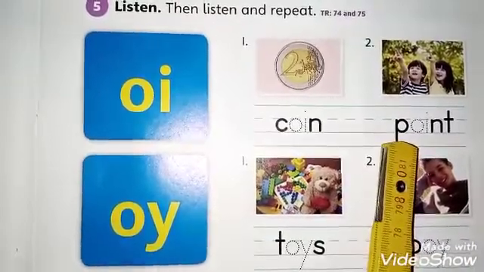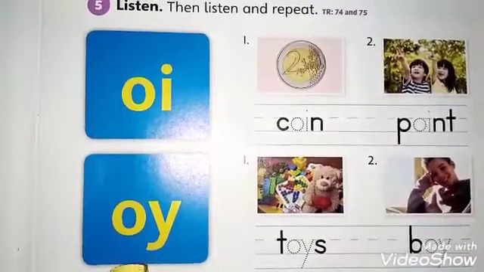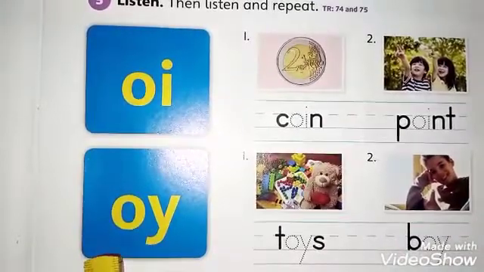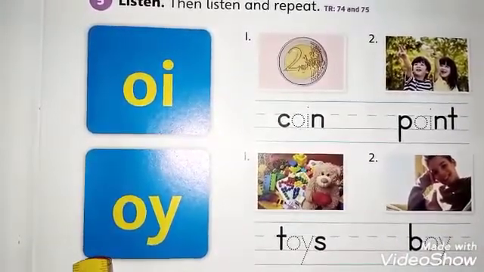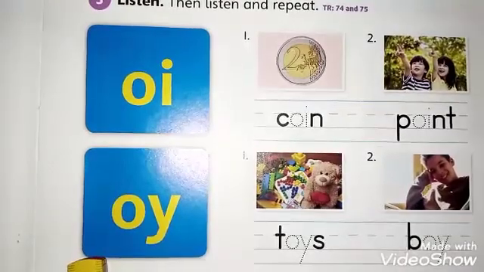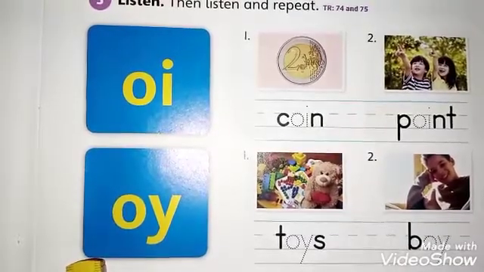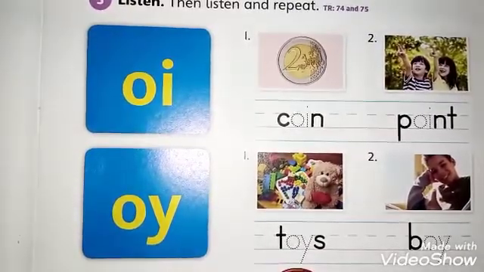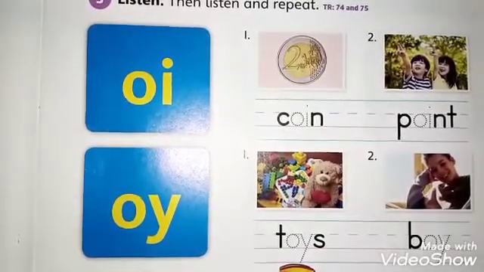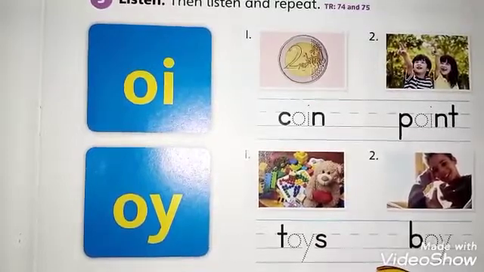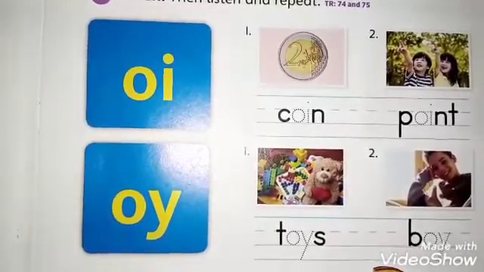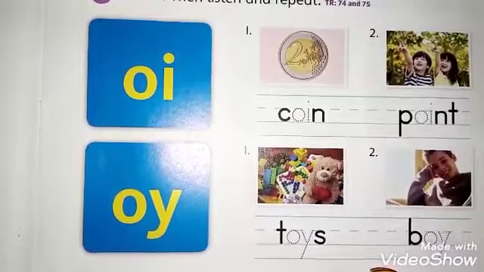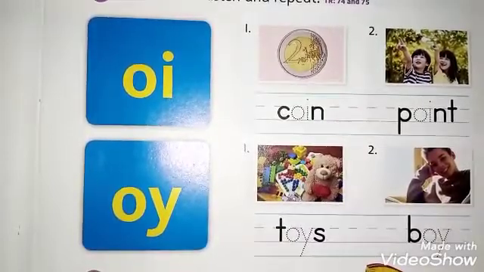Point. O-Y. Oi, oi. 1. Oi, oi. Toys. 2. Oi. Oi. Boy.